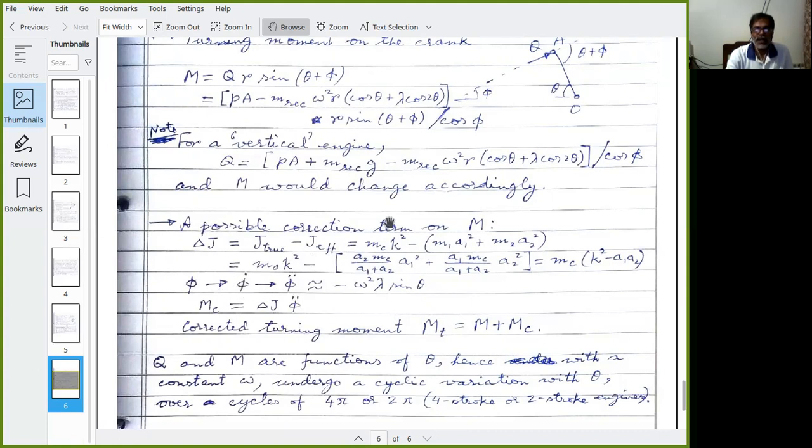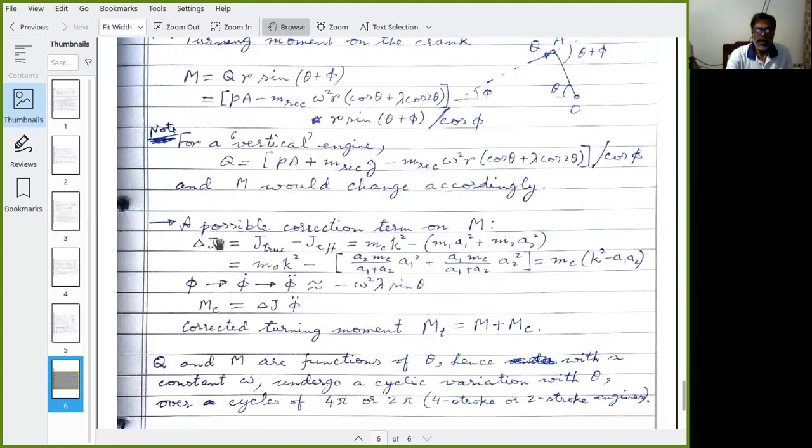Phi dot typically will be less because this angle will not change too much, as this is long and this is short. On the other hand, the angle theta will change much, so theta dot will be more prominent compared to phi dot. So if you neglect phi dot squared in relation to theta dot squared, then finally you get this. You differentiate religiously, then neglect the smaller terms, retain the dominant terms, and approximate.